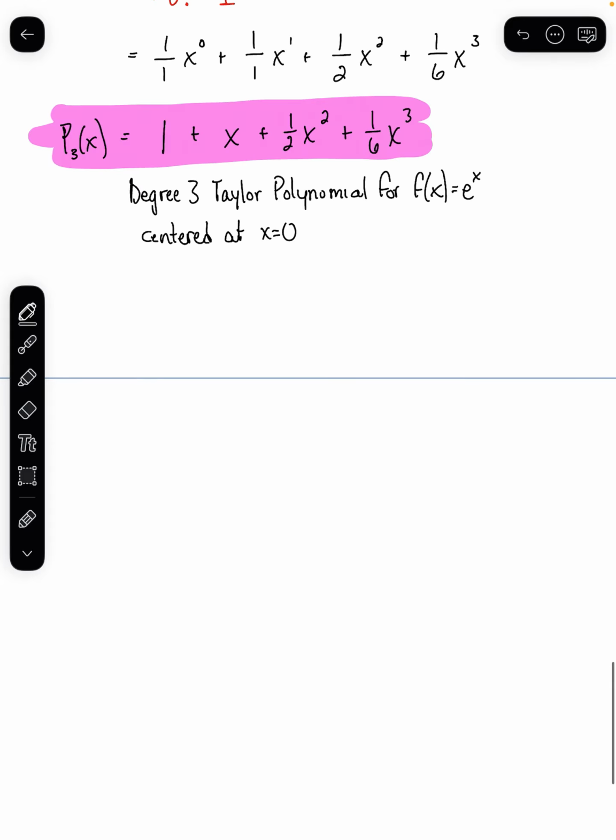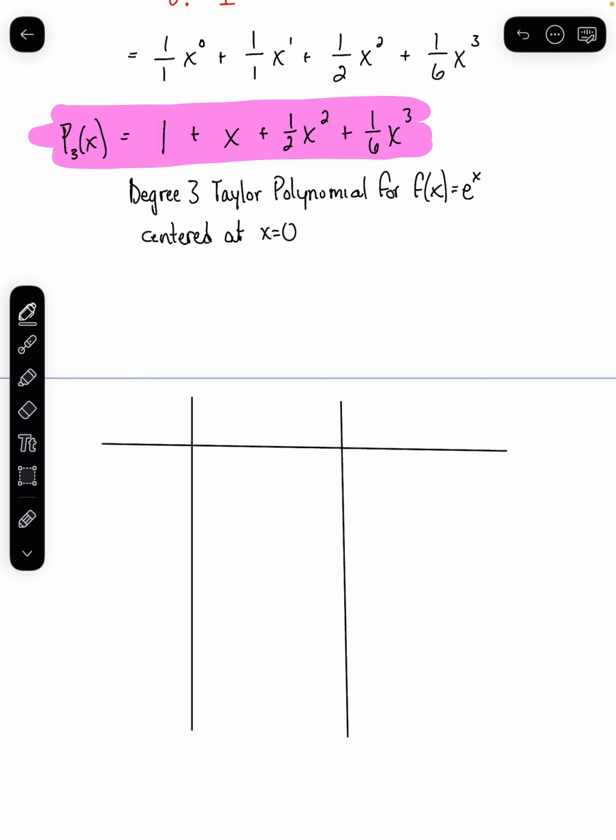So let's take a look at that. Let's build a table of values where we're going to compare the actual value of e to the x with the Taylor polynomial value, the third degree Taylor polynomial value at that same x value. We're going to start at the centering value of x equals 0.